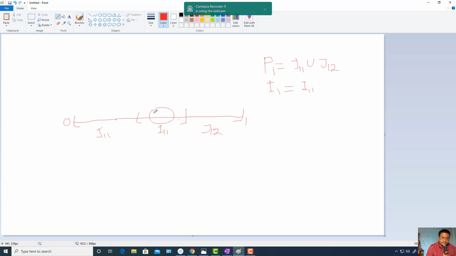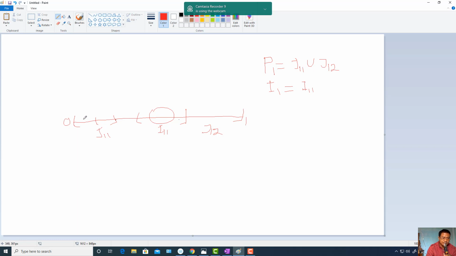After removing this open interval, let us discuss the remaining closed intervals J11 and J12, each of length 1 by 3. Again we divide each into 3 equal parts. The middle one is an open interval, and the others are closed intervals. If you divide 1 by 3 into 3 equal parts, each part has length 1 by 3 square, that is 1 by 9.